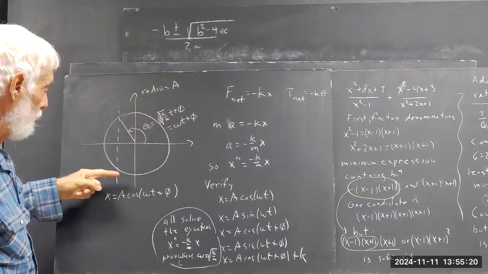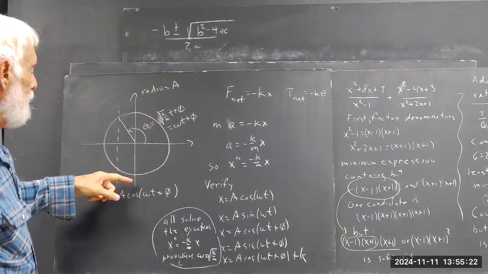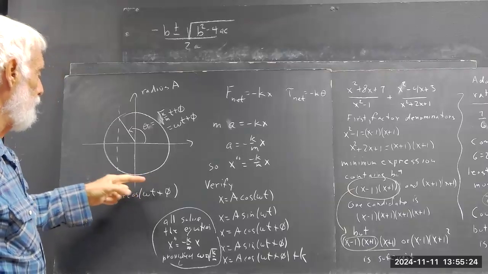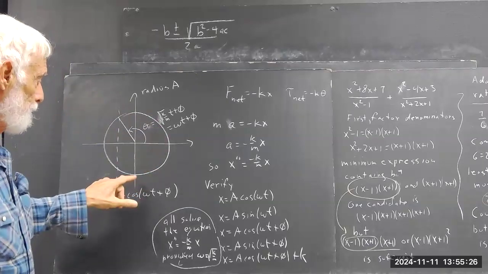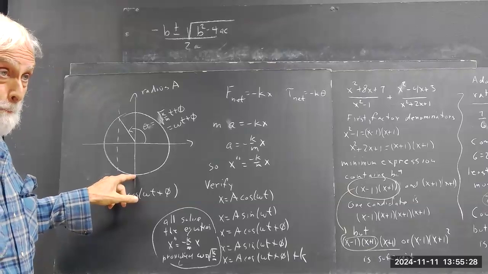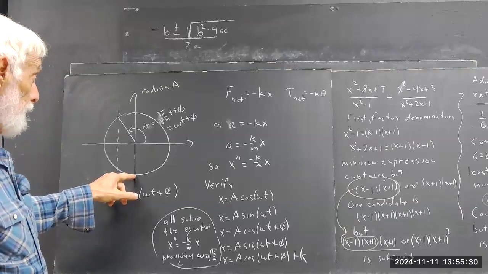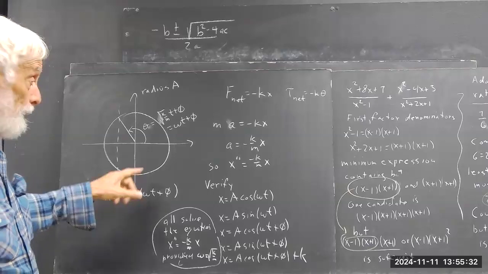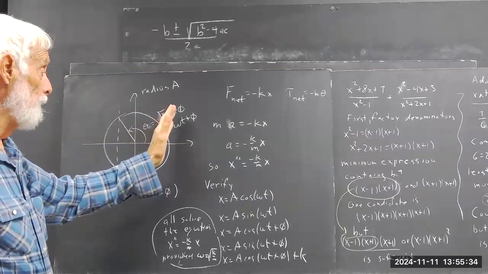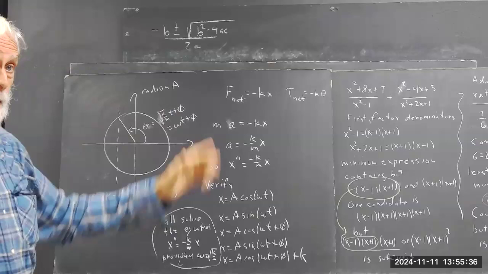It's at its maximum speed here because your speed around the arc is parallel to the x-axis at this point and only this point. So the maximum velocity has to occur here. Then it slows down, comes over here, and it just keeps going. There's simple harmonic motion.